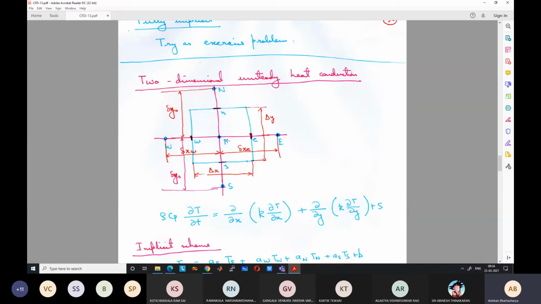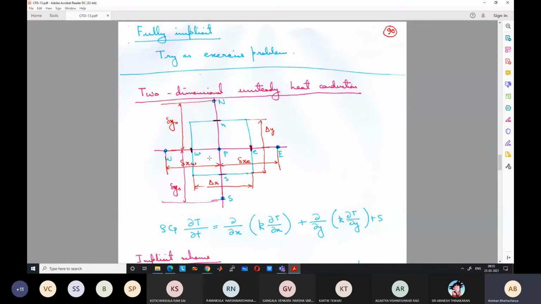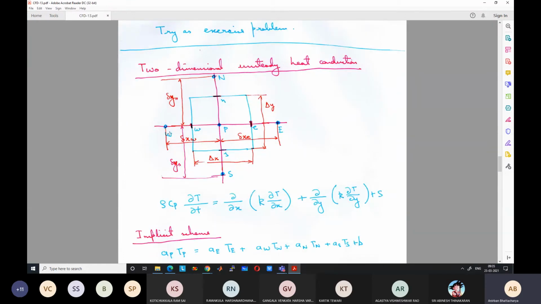The spacing between the grid points is small delta xe between P and E, delta xw between W and P, delta yn between P and N, and delta ys between P and S. The vertical direction is the y axis direction, and the horizontal direction is the x direction, in a Cartesian coordinate system.